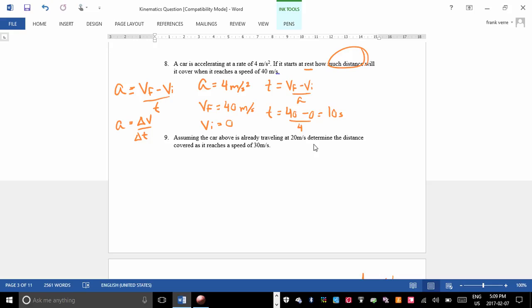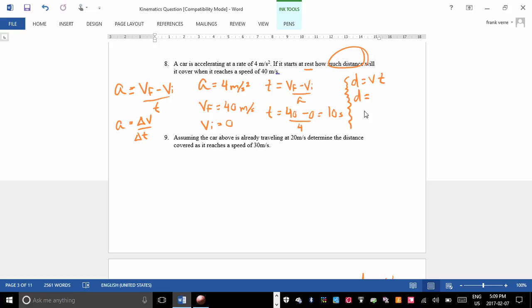Now, if we apply the equation for distance, where distance equals speed times time, we could think about the speed of this object, but we have to think about the average speed of this object.